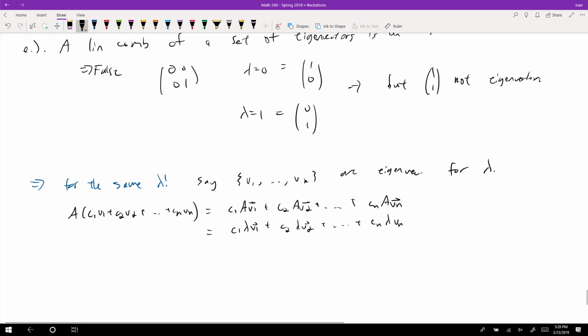And now what can we do? Take out the lambda. So now this is equal to lambda times a scalar multiple of itself. So it's true for the same lambda, but under different lambdas, it's false.